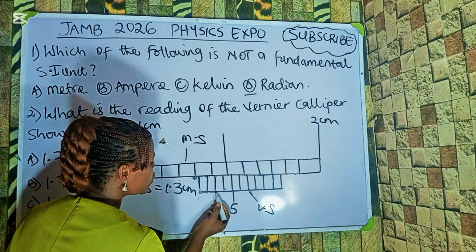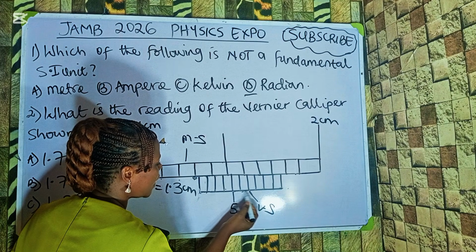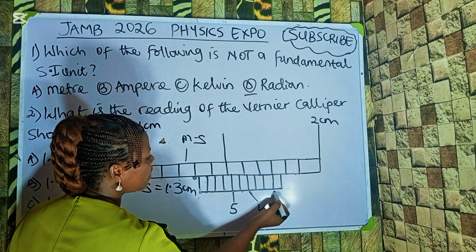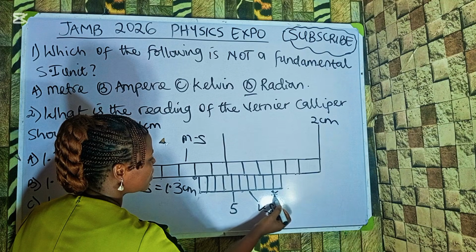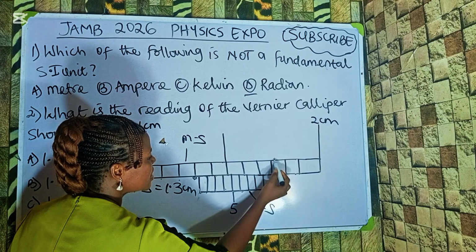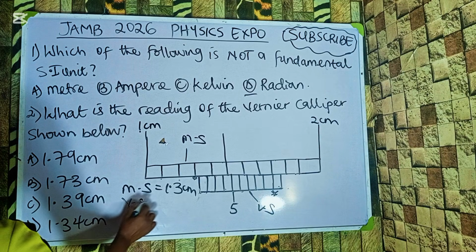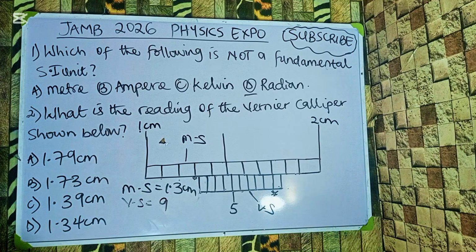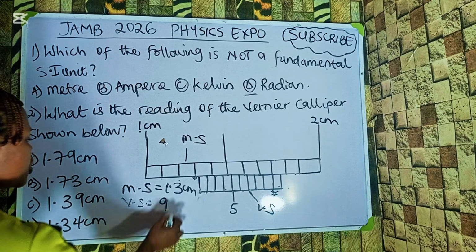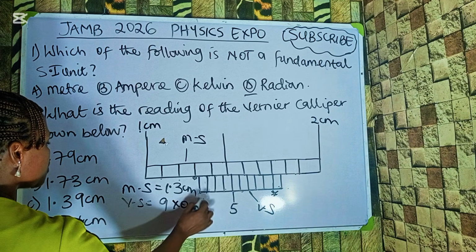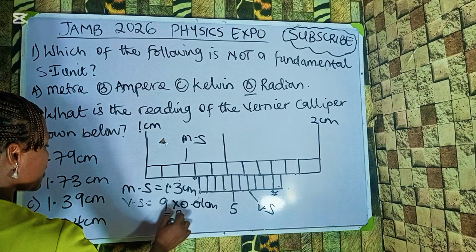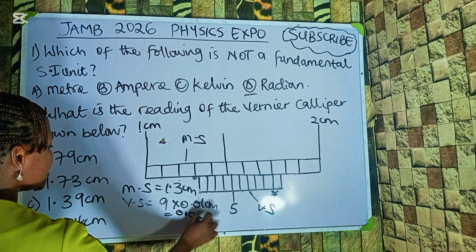This is 1, 2, 3, 4, 5, 6, 7, 8, 9. Look at it, on this ninth one there is now a straight line between the main scale and the vernier scale. So we record that the vernier scale is equal to 9. Now we multiply that 9 by the reading accuracy of the vernier caliper, which is 0.01 centimeter, which gave us 0.09 centimeter.